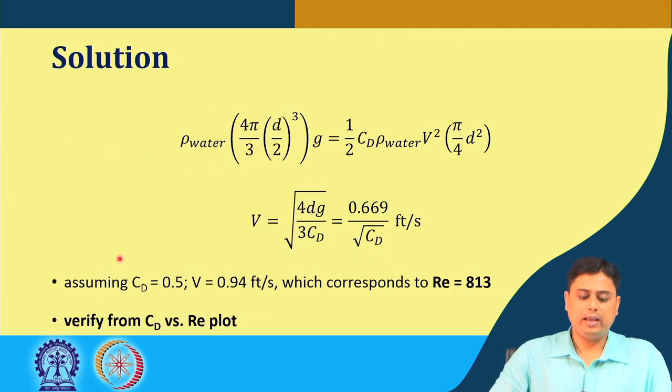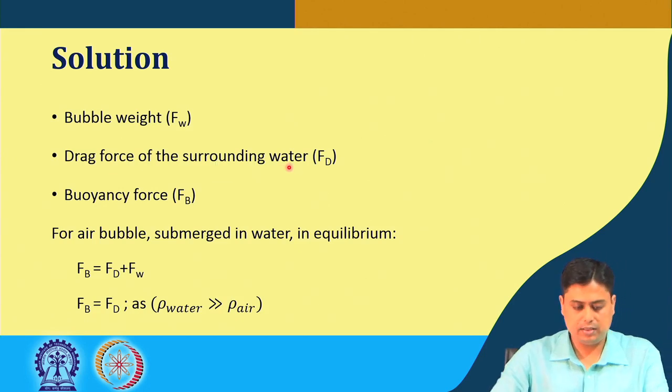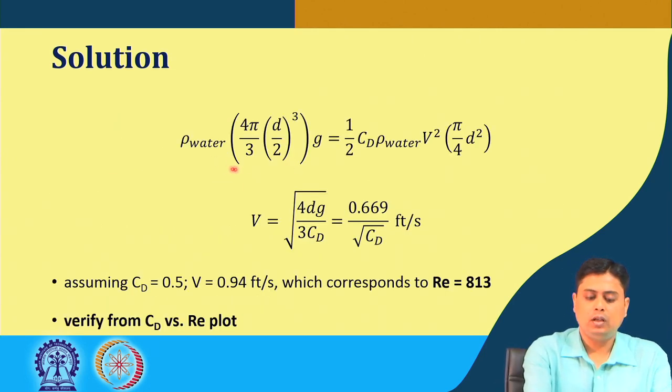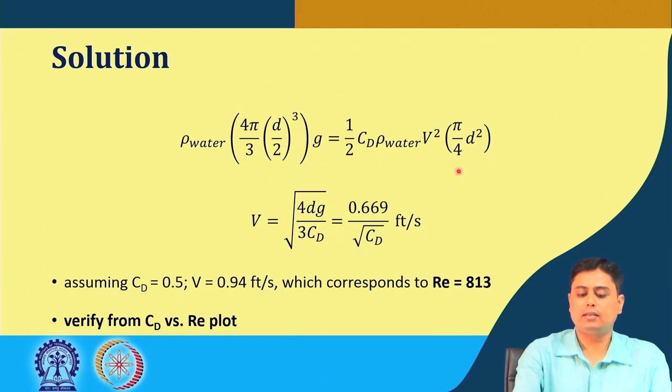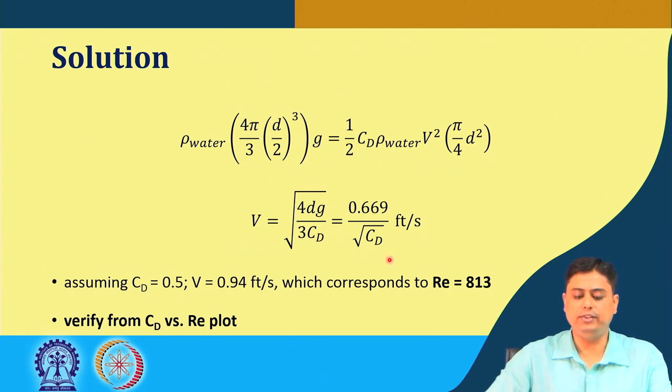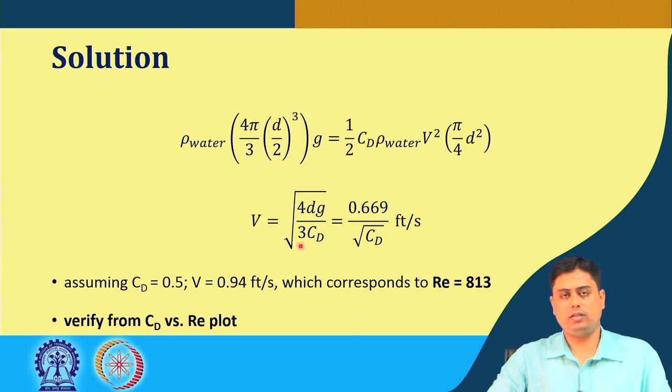Then, similar to our previous problem, we replace these parameters: this is our Fb, the buoyancy force acting on this air bubble, and this is the drag force acting on the air bubble. If we simplify this, we find an expression for V, the velocity at which it is rising.